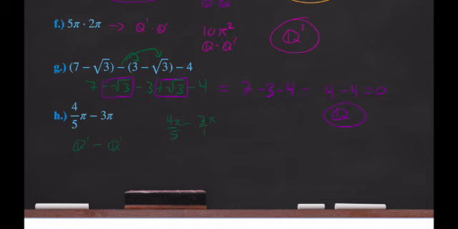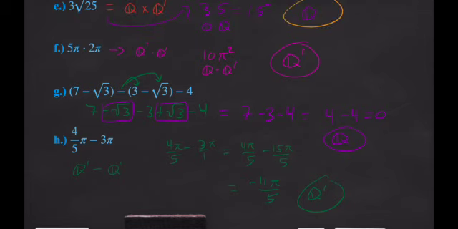We like pi. So this would be equal to 4 pi over 5 minus 15 pi over 5, which gives us negative 11 pi over 5. That is going to still be irrational because we still have that pi mixed in there. So this is not rational. And that is the properties of our rational numbers.